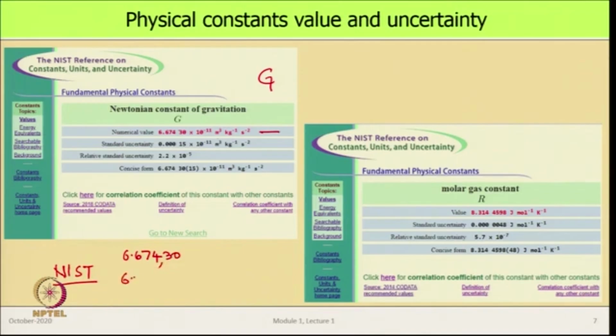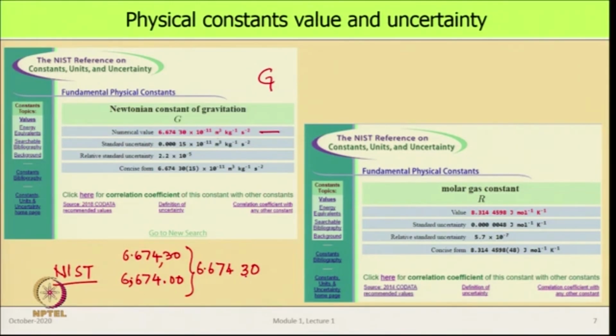There are some places where they put a comma here and then they put a decimal. Both are in use. You will come across both depending on where that information is coming from, but the standard method is that instead of using these, it is best that we write 6.674, leave a little space and write 30. That is the meaning of this number.